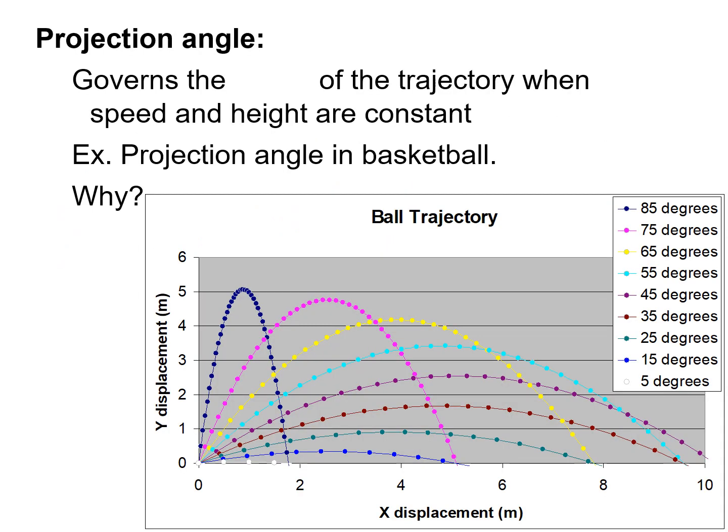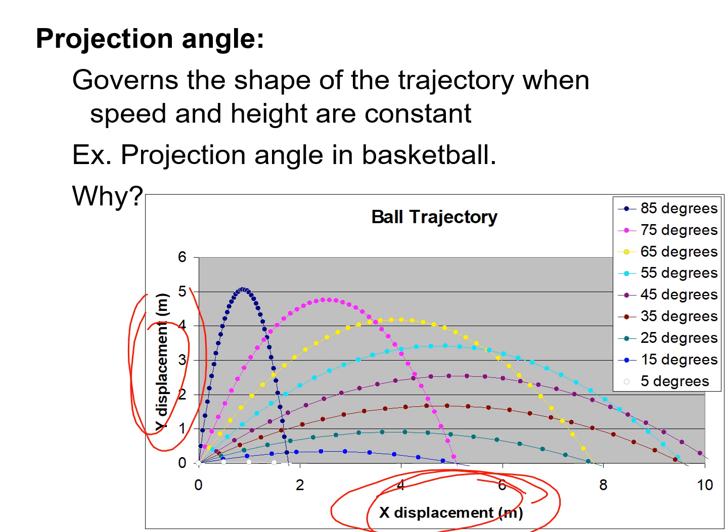So let's look at our projection angle. This governs the shape of the trajectory when speed and height are constant. If we're looking at throwing a basketball, we see at different angles, we see different height and different x displacement, or horizontal and vertical displacement. Let's take a look at these.